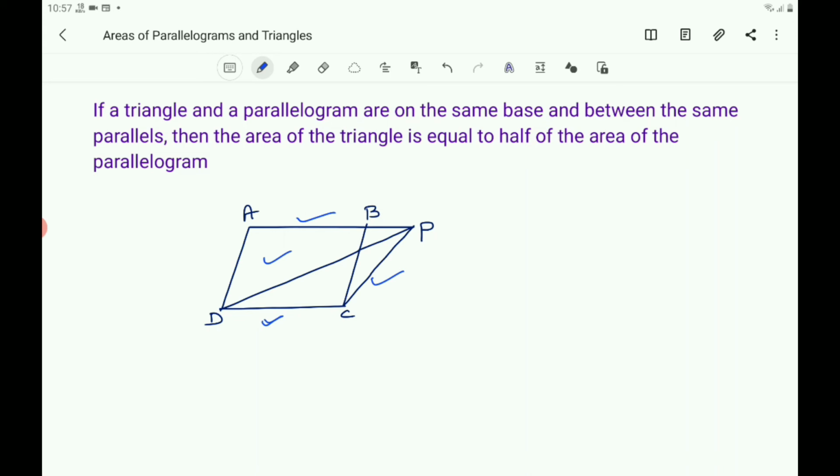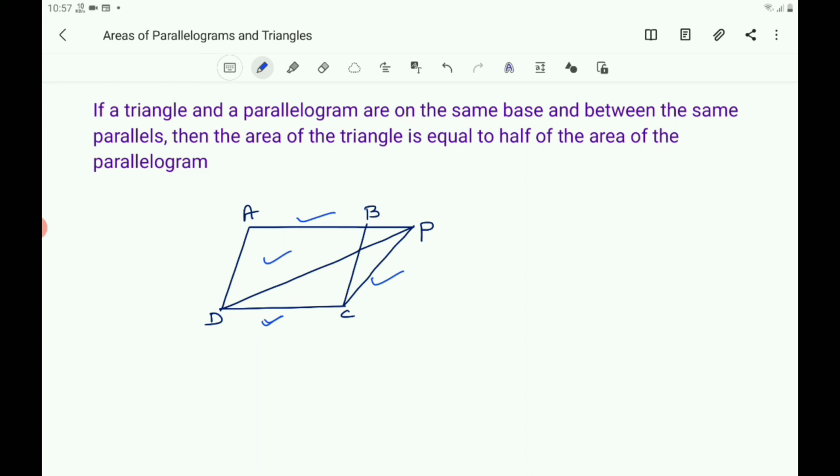Here you can find that the area of the triangle is equal to half of the area of the parallelogram ABCD. Here area of the triangle is half of the parallelogram if they are on the same base and between the same parallels.